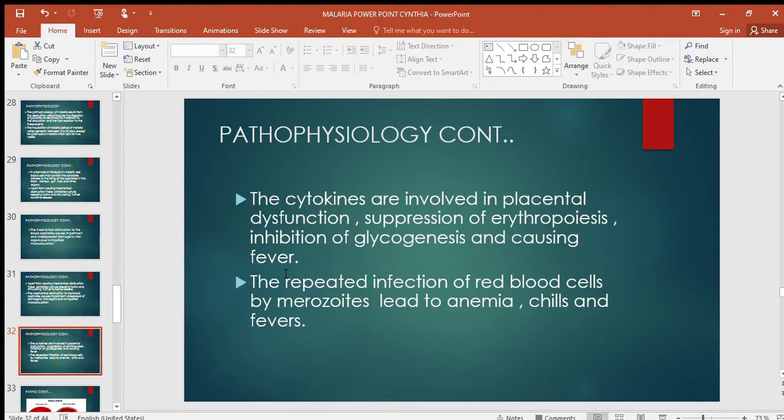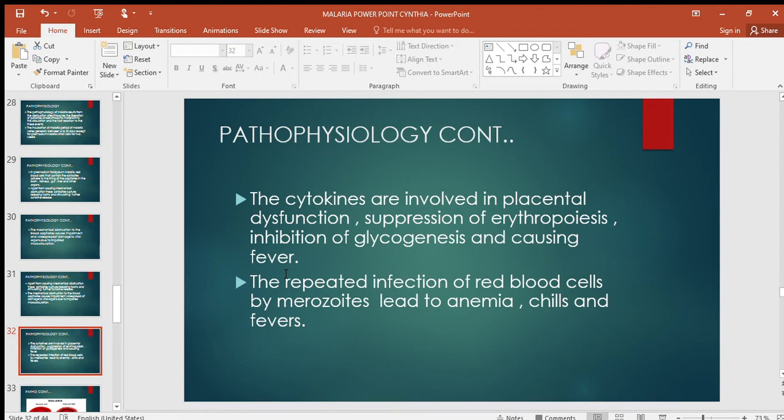So the cytokines are involved in placental dysfunction, suppression of erythropoiesis, inhibition of gluconeogenesis, and causing fever. When it comes to pregnant women, when the pregnant woman has got malaria, those parasites will go to the placenta and there will be placental dysfunction.